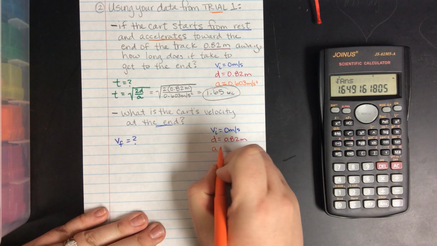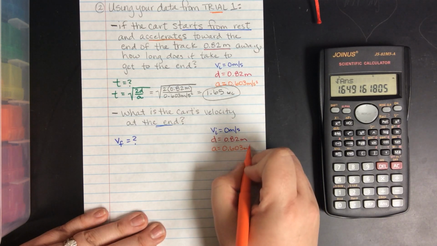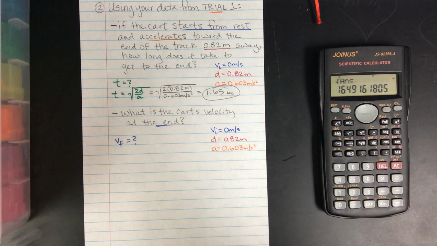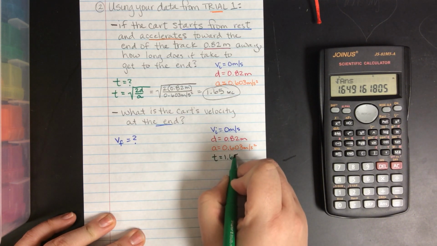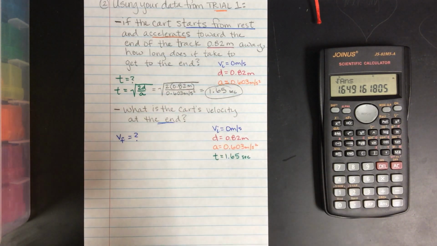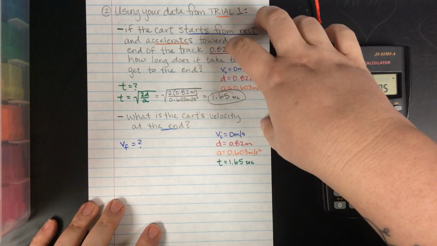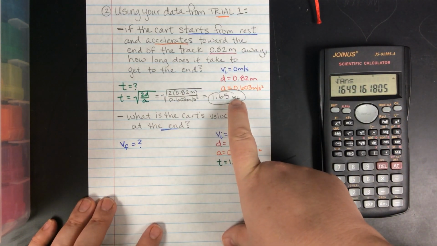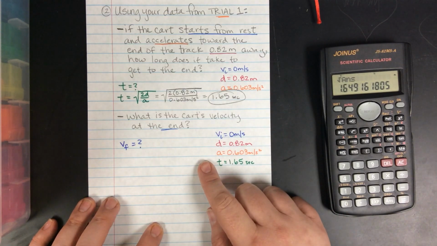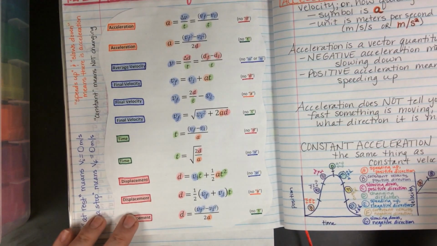And we know that my acceleration is equal to 0.603 meters per second squared. Now you can plug in the time that you got up here if you wanted to.